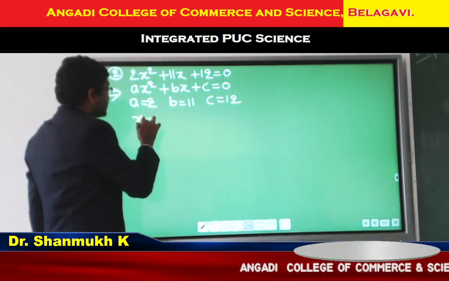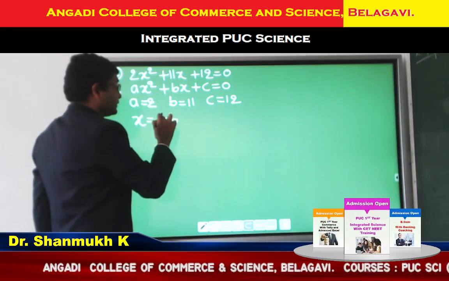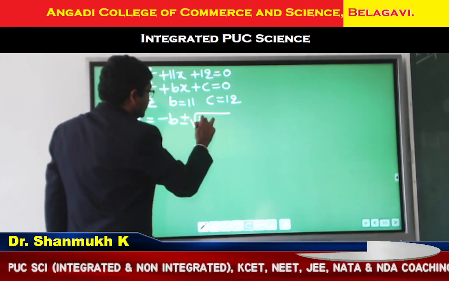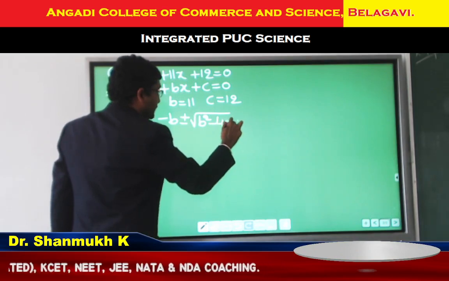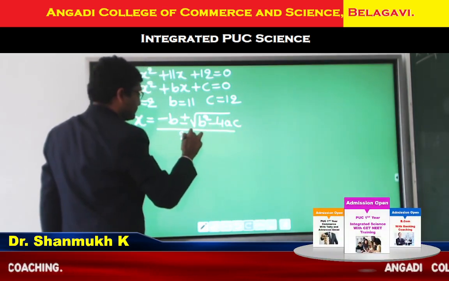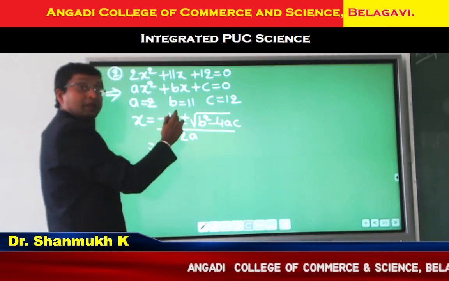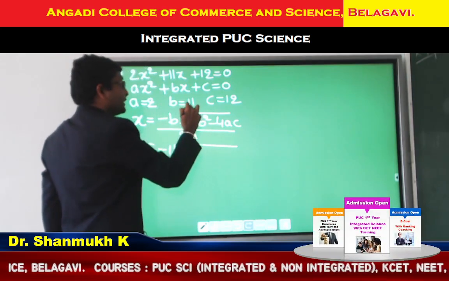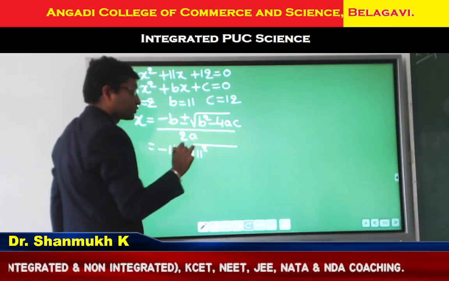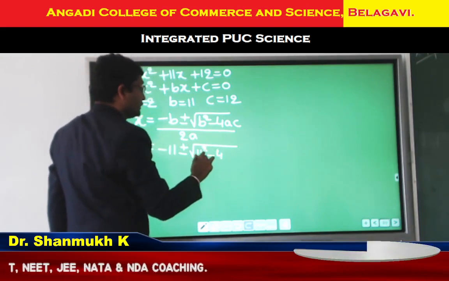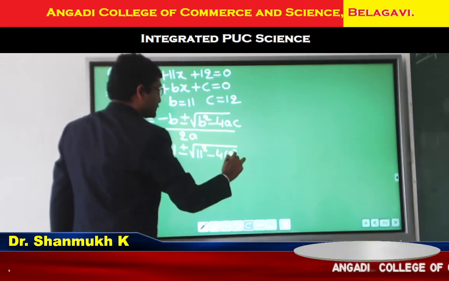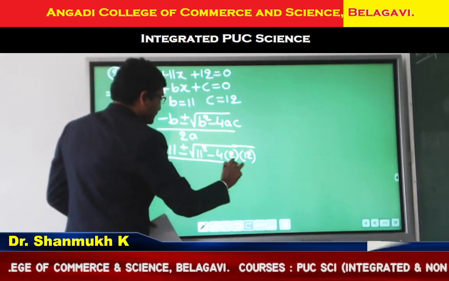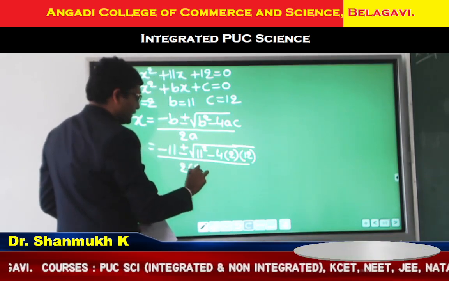In the next step we need to write the quadratic formula. The quadratic formula is x equal to minus b plus or minus under the square root of b square minus 4ac divided by 2a. This is equal to minus b, which is 11, plus or minus under the square root of b, which is 11, so 11 square, minus 4 into a, which is 2, into c, which is 12, divided by 2a, 2 into 2 is 4.